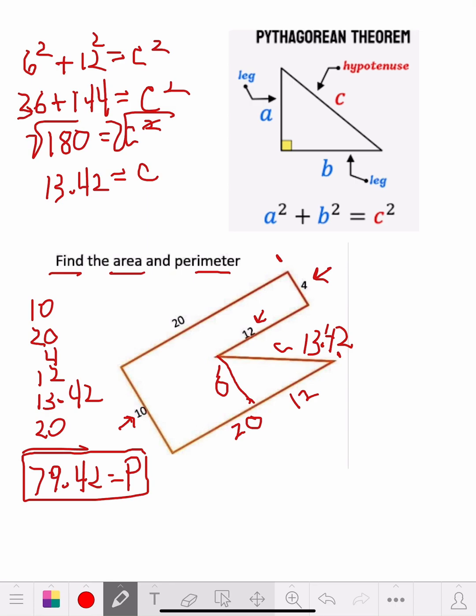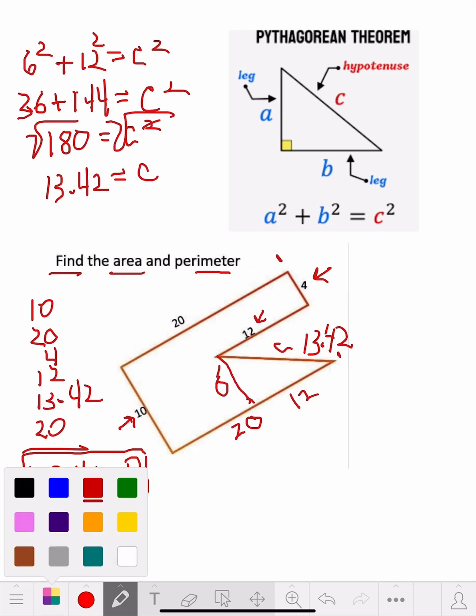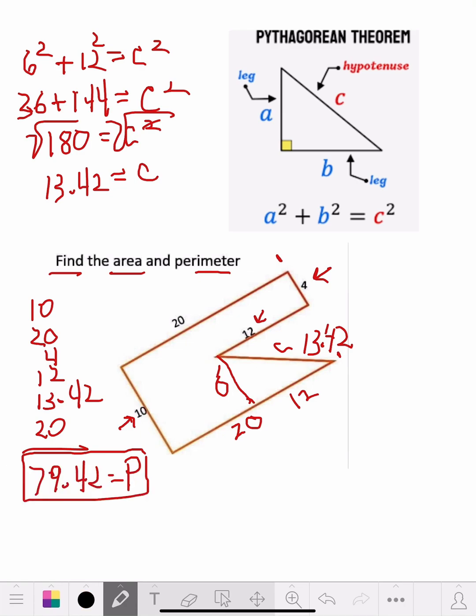So now, let's figure the area. This is going to be a little easier than you think. What I'm going to do here is change to a black ink. I'd almost make a big square, like this. I'd figure it all. So we got 20 by 10.